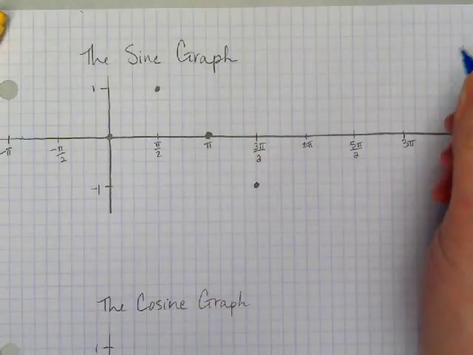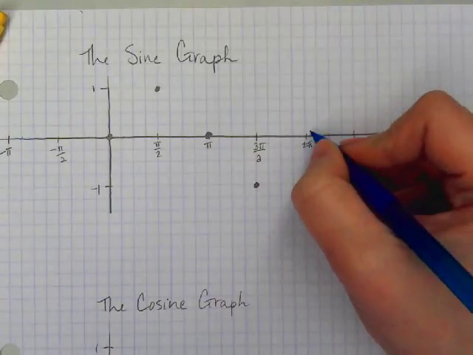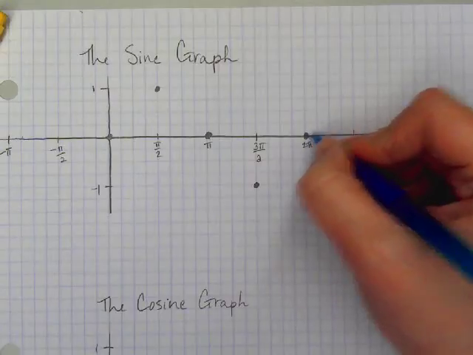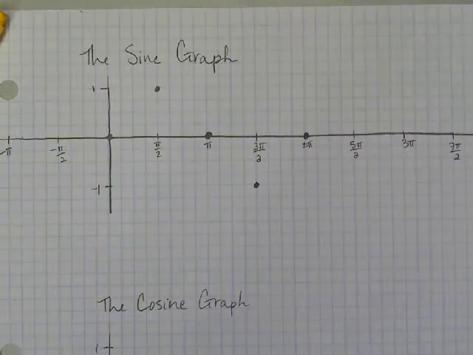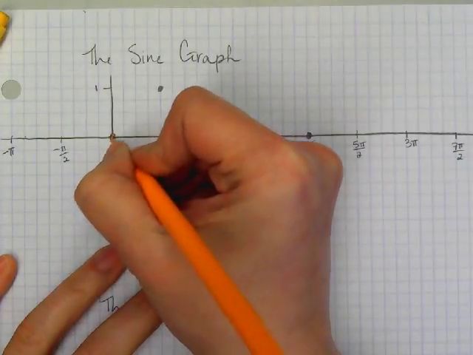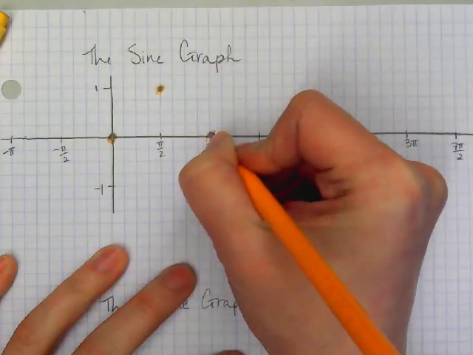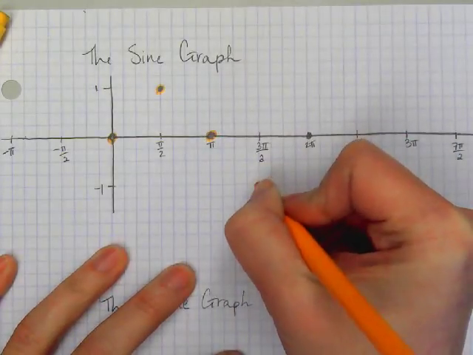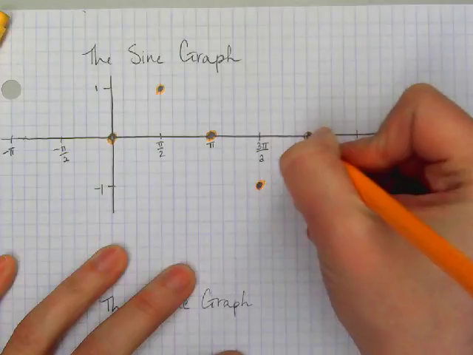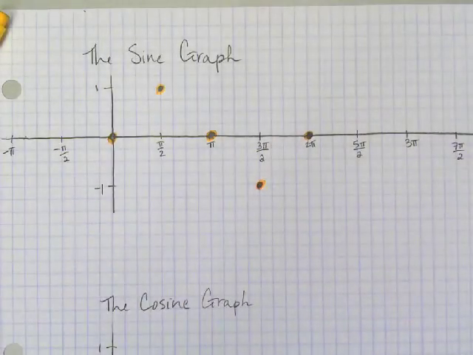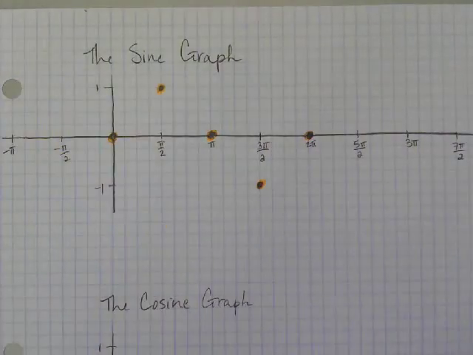These 5 points are absolutely essential to any sine graph. And the other thing to remember is as you're connecting these, this is not a straight line, this is a curve. Because you have a circular function, you're curving down and back up.